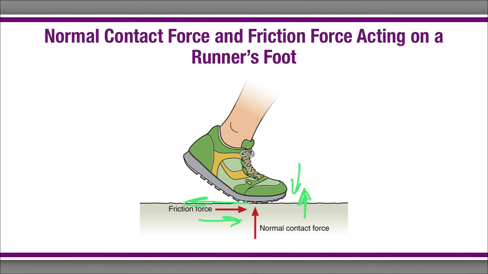So in this case, our normal contact is again perpendicular to the surface with the mass of the runner coming down, where our friction or parallel force is, of course, in parallel between the objects that are in contact with one another.